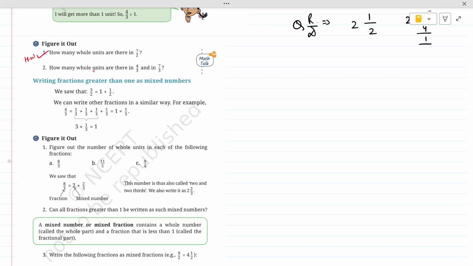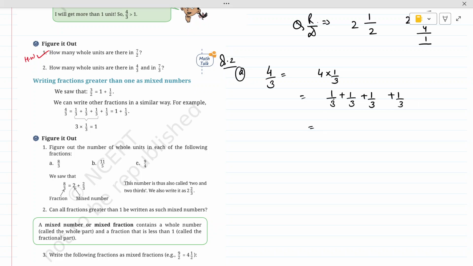Next, how many whole units are there in 4 by 3 and in 7 by 3? So, question number 2, one part I'll do for you. I'll pick 4 by 3 here. 4 by 3 can be written as 4 times 1 by 3, right? So, we can write 1 by 3 plus 1 by 3 plus 1 by 3 plus 1 by 3. 4 times we have written 1 by 3.